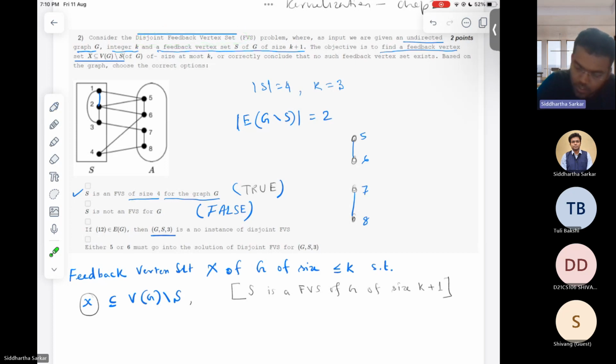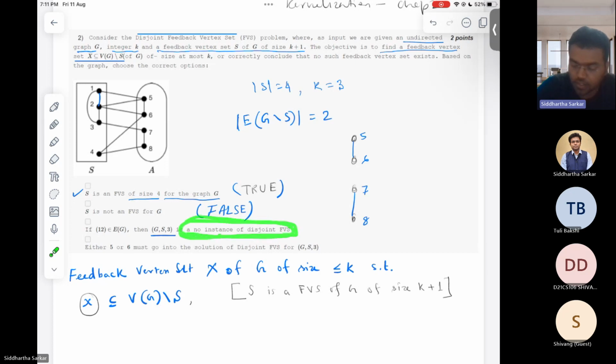A disjoint feedback vertex set instance has 3 components. The first component is a graph, the second component is a feedback vertex set of size k plus 1, and the third component is k. So the question is, if you add this edge 1, 2, then is this instance a no instance of disjoint FBS?